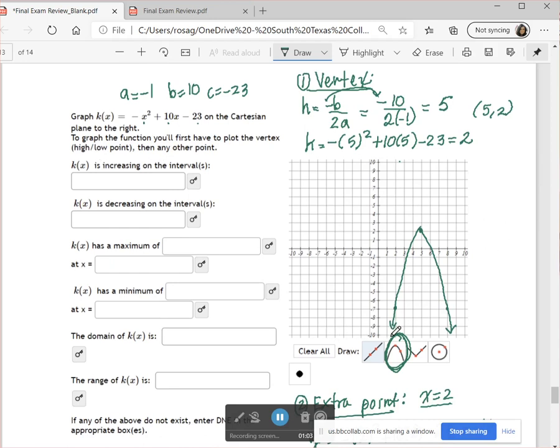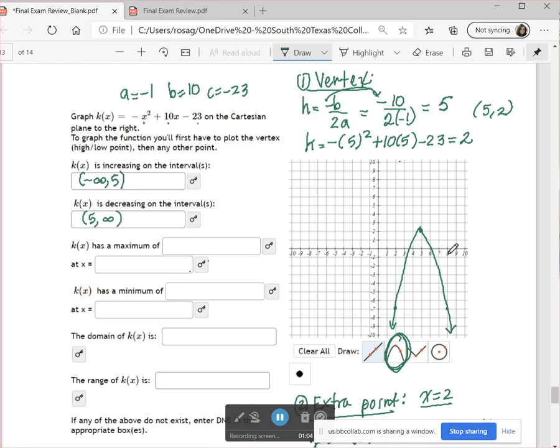So when I look at this graph, I see that it's increasing on the first part of the graph. So it's increasing from negative infinity up to the vertex right here. Now, when you're writing these answers, you're using the x values. So up to 5. And then after that, it goes down. So it would be decreasing from 5 to infinity.